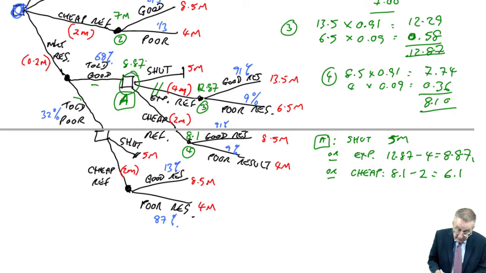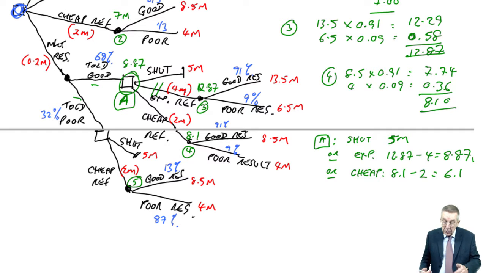Similarly, though, what about if they tell us it's poor? If they tell us it's poor, we then have to make a decision. We either shut and get 5 million, or we do the cheap refurbishment and get either a good result or a poor result.